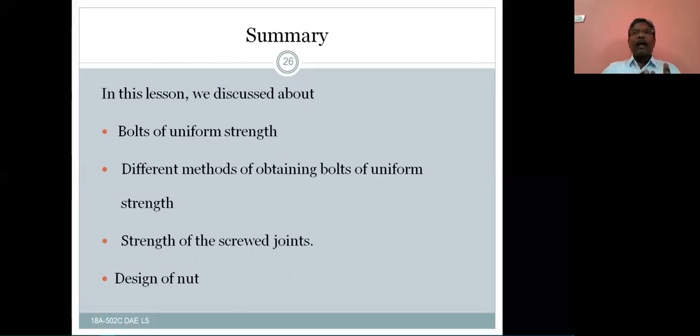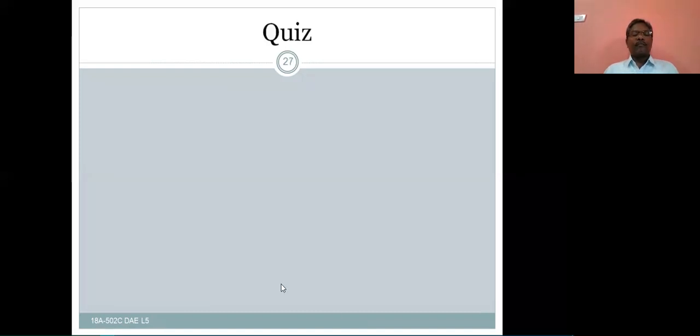After that, let us find the value of the height of the nut, that means the length of engagement of the nut with the bolt. So T, the height, is equal to the pitch of the screw thread into the number of threads. With this, we have completed.